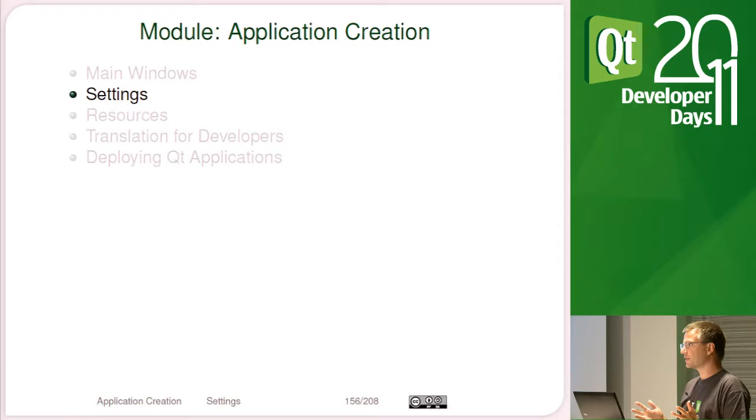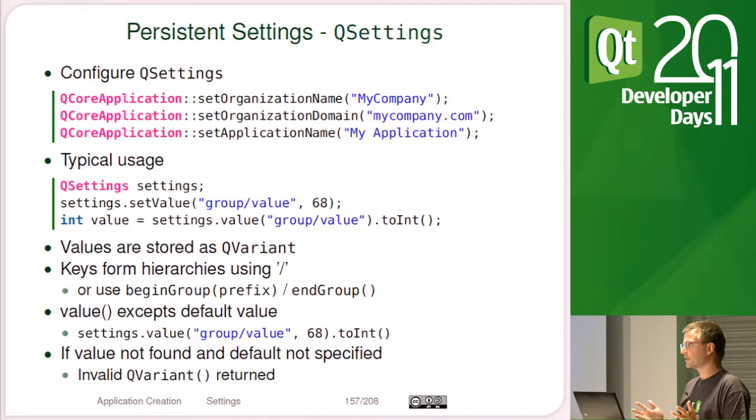So the next topic would be application settings. How can we store settings of our application? In one of the previous slides, we already had the properties to set the organization name or domain and the application name. This is pretty important for the QSettings.